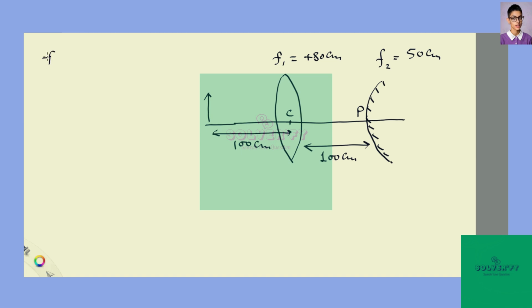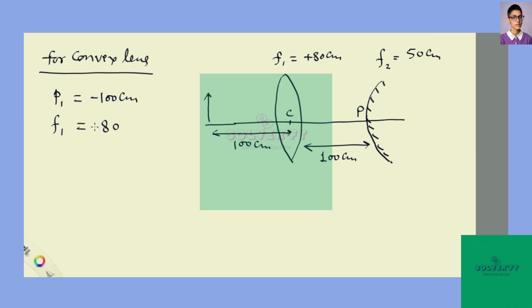So first of all, for the convex lens, the object distance will be taken as p1, which is equal to minus 100 centimeter using sign convention. Focal length f1 of the convex lens is plus 80 centimeter.